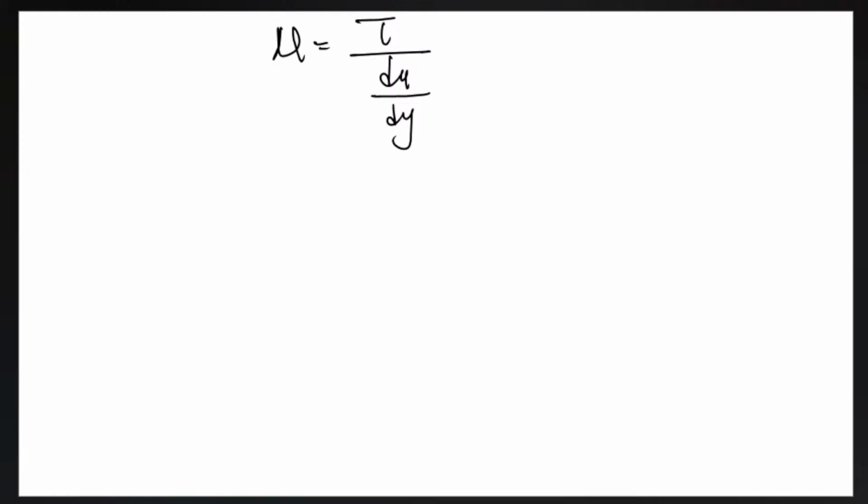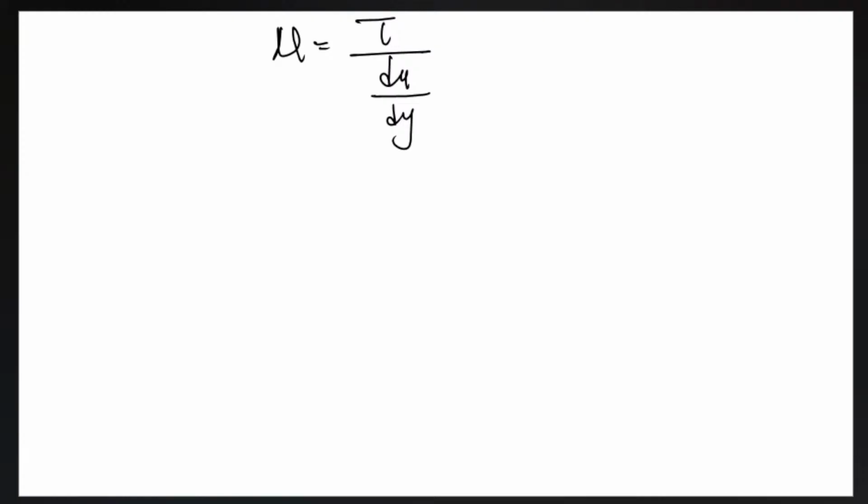Now remember, we talked about dynamic viscosity, and we said when we are considering dynamic viscosity in poise, one poise is equivalent to 1/10 Newton seconds per meter square, which is also 0.1 Newton seconds per meter square.